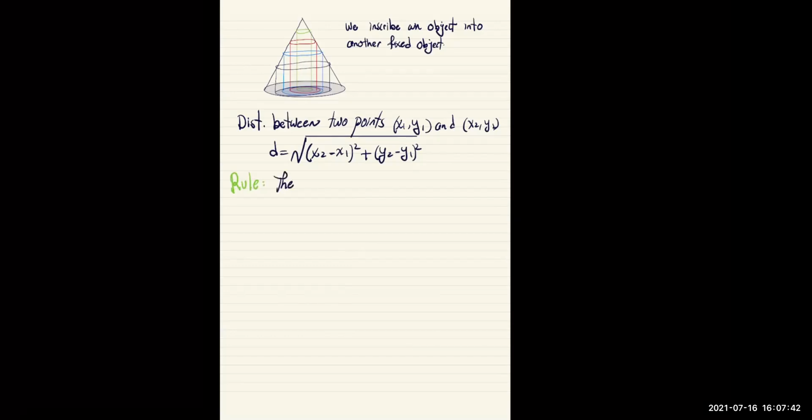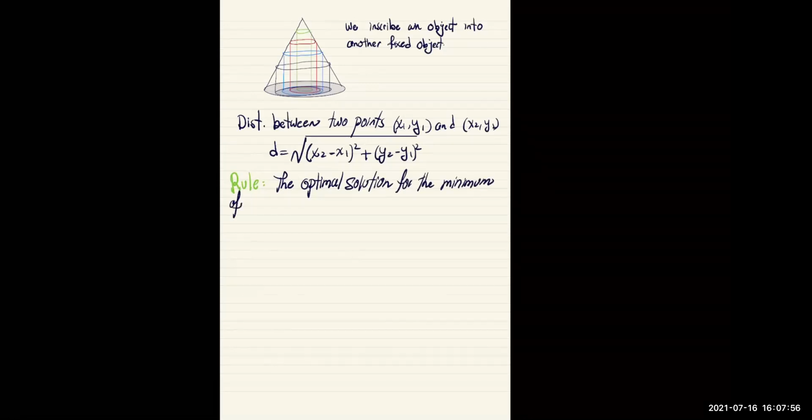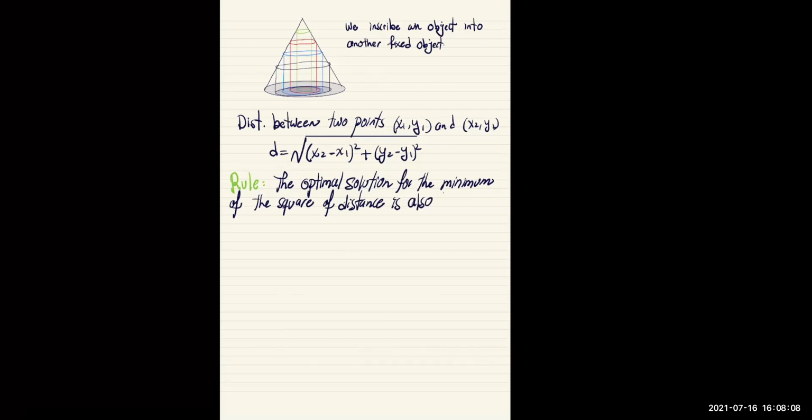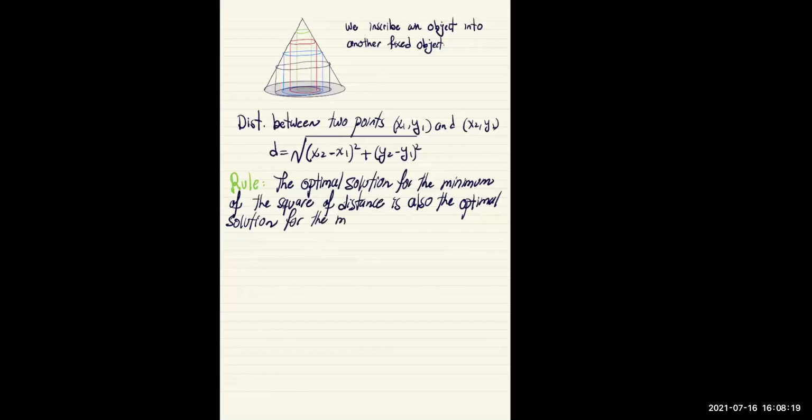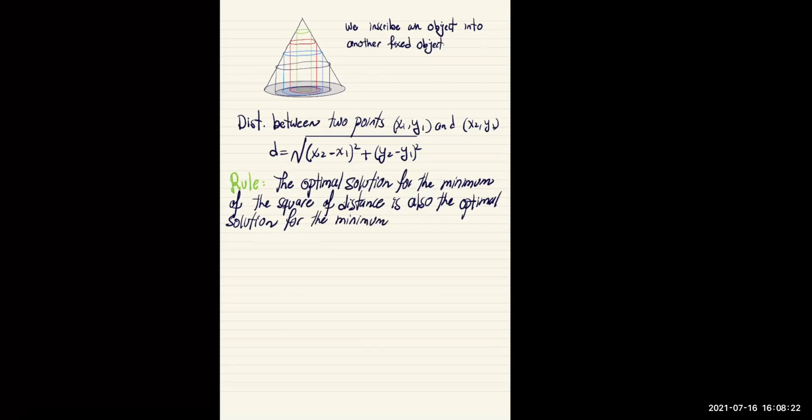The solution, the optimal solution for the minimum of the square of distance is also the optimal solution for the minimum of distance.